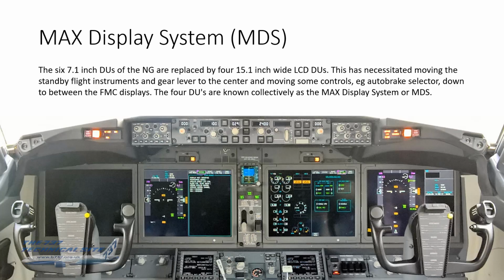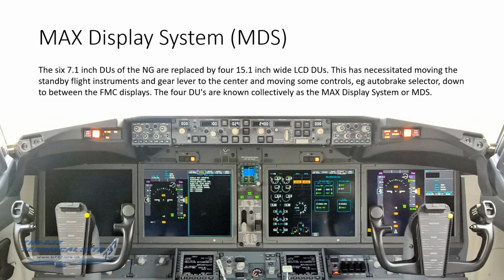All right, onto the MAX display system. So there's the money shot there. There were 6 7.5 inch DUs on the NG. They're replaced by 4 15.1 inch DUs on the MAX.